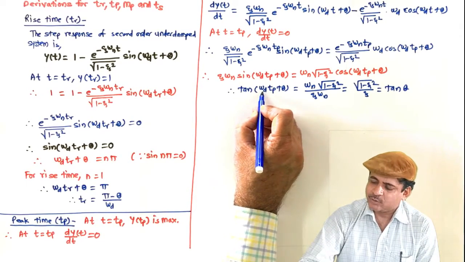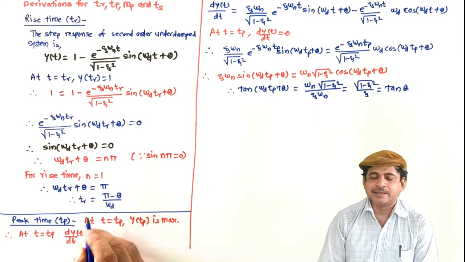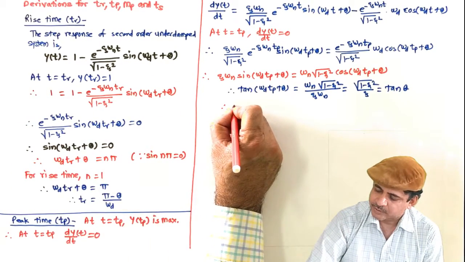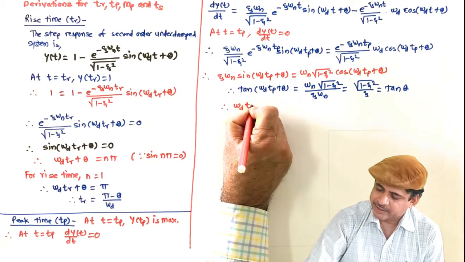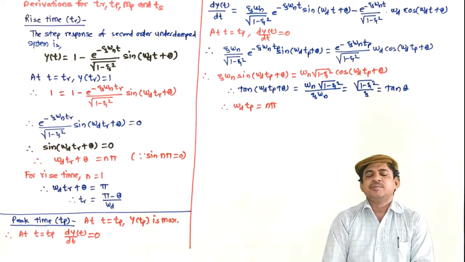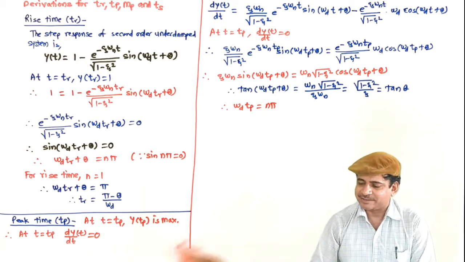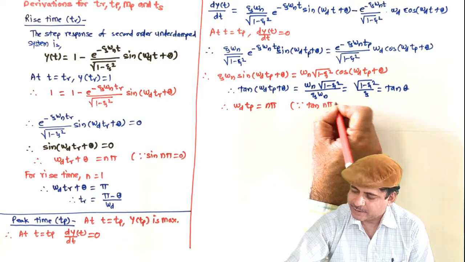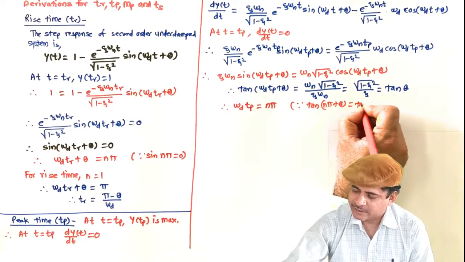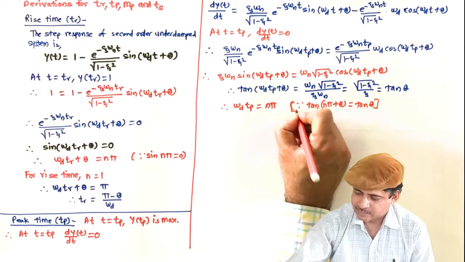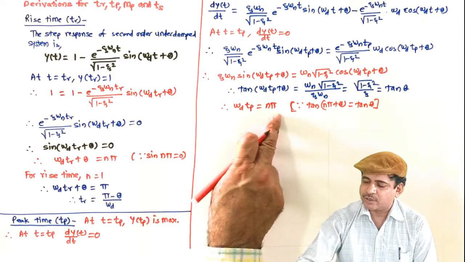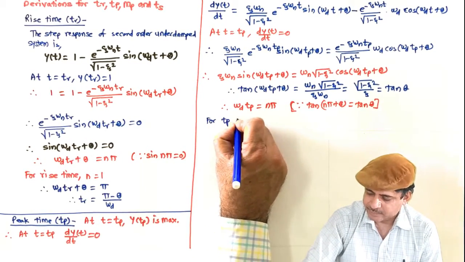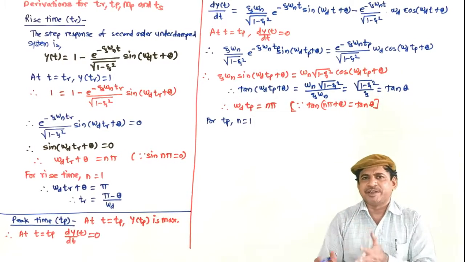So if tan omega d Tp plus theta is tan theta, that means omega d Tp is n pi, because tan n pi plus theta is equal to tan theta. So as we got this, now for Tp, n is equal to 1, because it is the first peak.